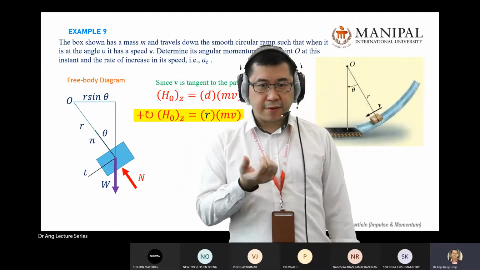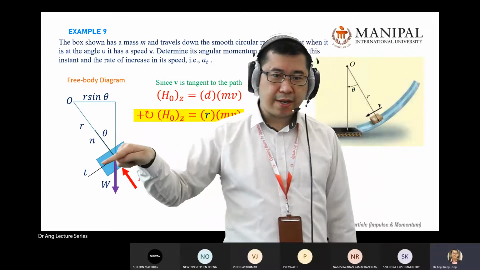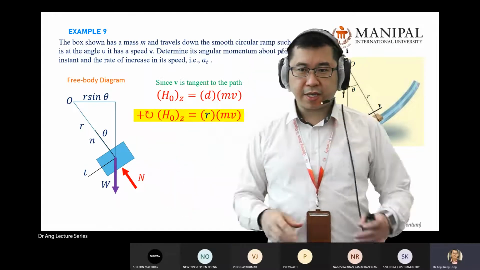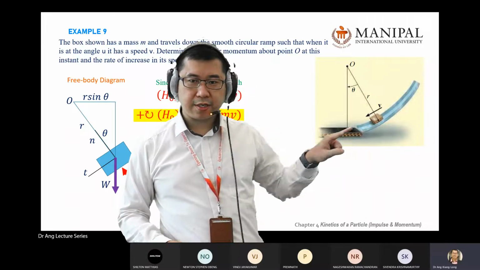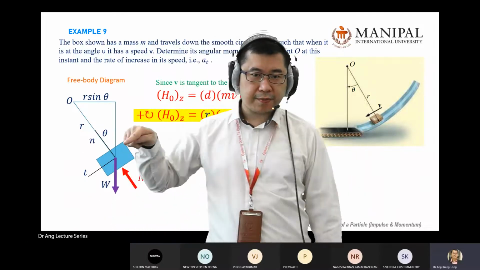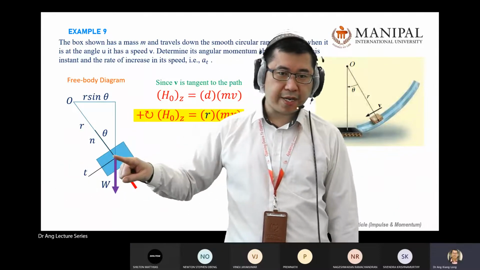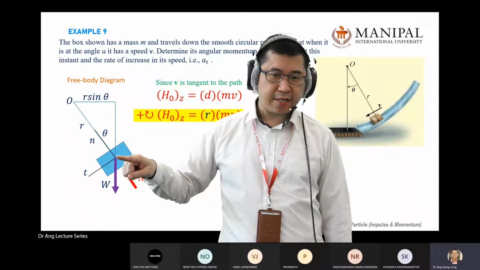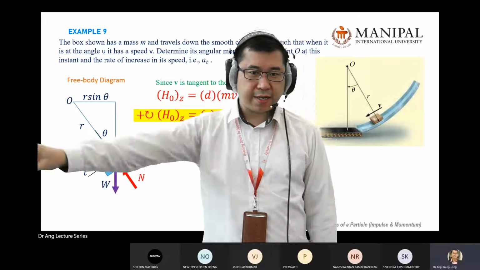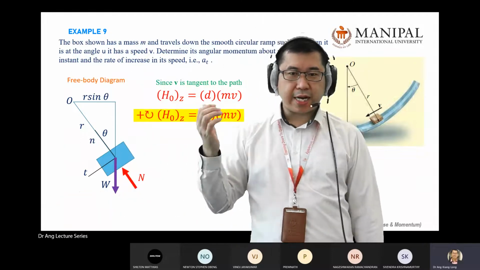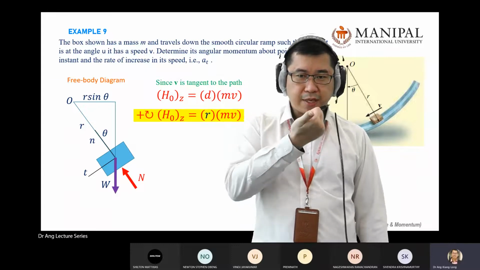Why do I use t? Because my velocity v is along my tangent direction. So my v is here. I tie a string at the end of my velocity, and when I swing this object, I get clockwise direction. Using the right-hand rule, clockwise gives me thumb pointing into the monitor.